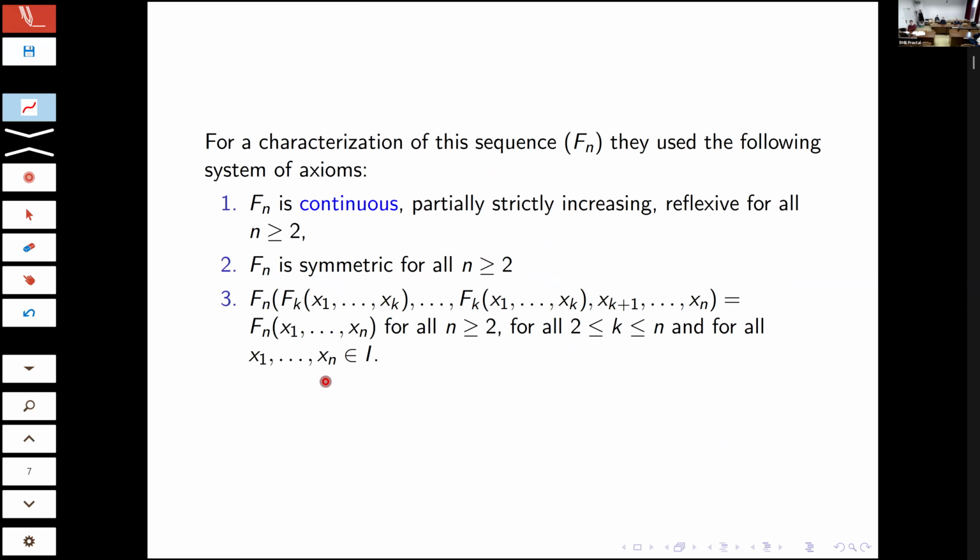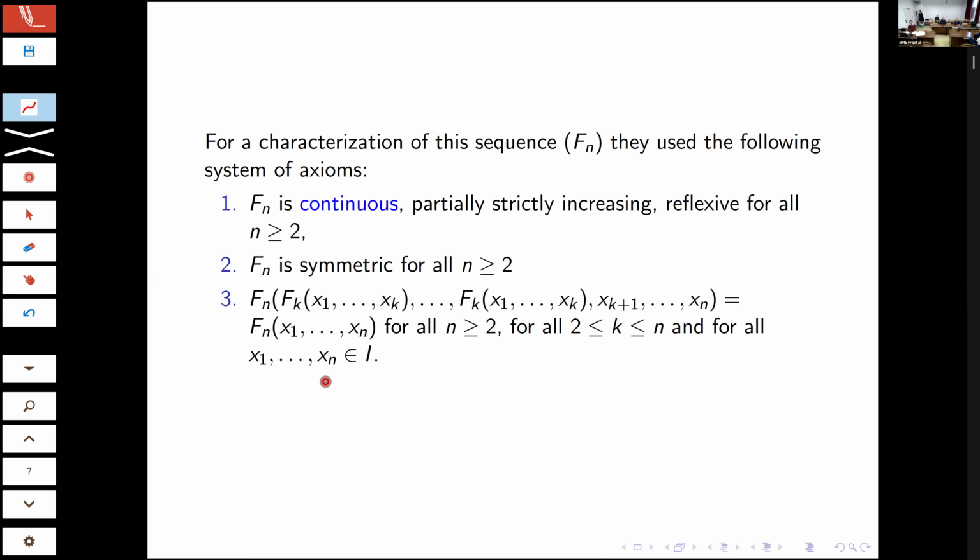Fn is symmetric for all n, and it has some property which they called associativity, though associativity we use in a different meaning. I would say if you substitute the mean of the first k terms for the first k times, then the rest is the same as the original.